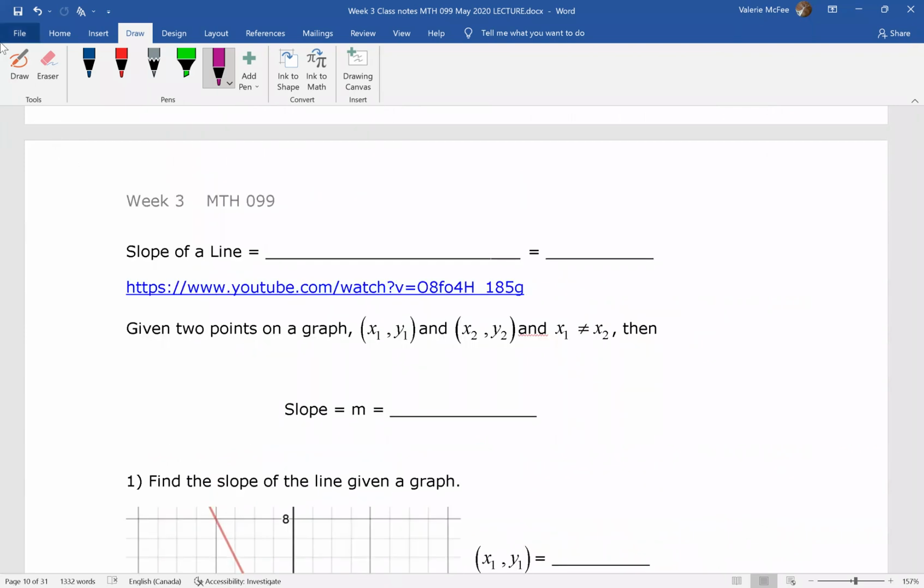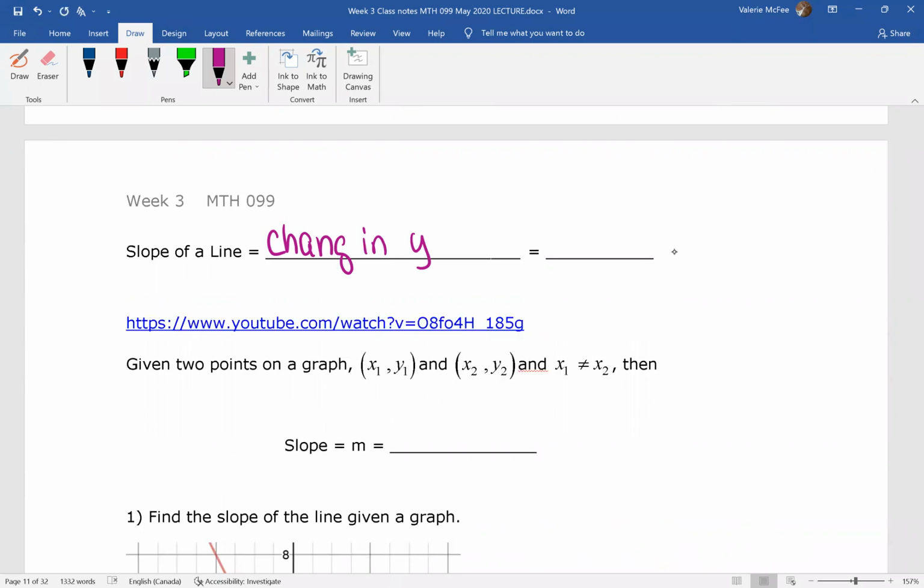The slope of a line is known as the change in y over the change in x. Sometimes that's written using this symbol to represent the change in y over the change in x. Now it's useful to have a formula, one that you should memorize.